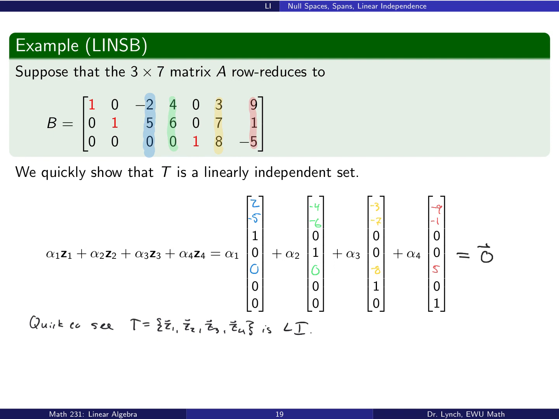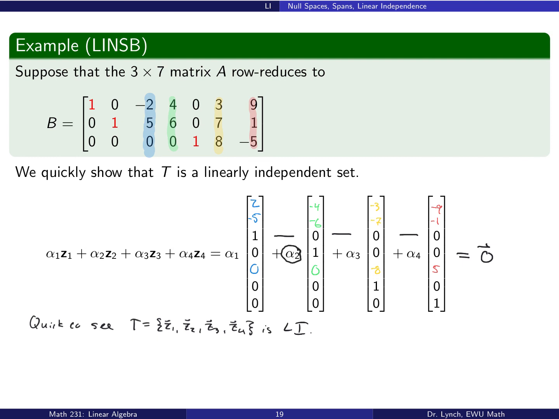By virtue of the way that z1 through z4 are constructed, we can see that alpha 1 z1 plus alpha 2 z2 plus alpha 3 z3 plus alpha 4 z4 equals 0 implies that alpha 1 has to be 0. That's the only choice to get a 0 for the third element. Similarly, it implies that alpha 2 has to be 0.